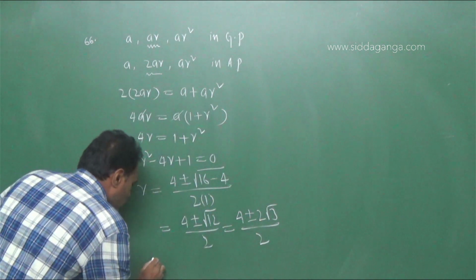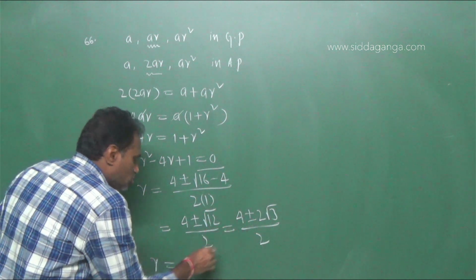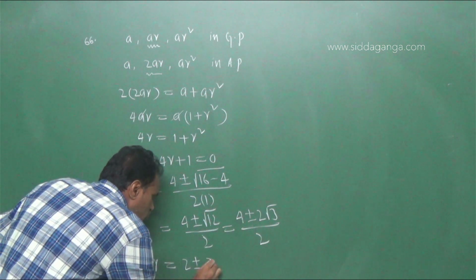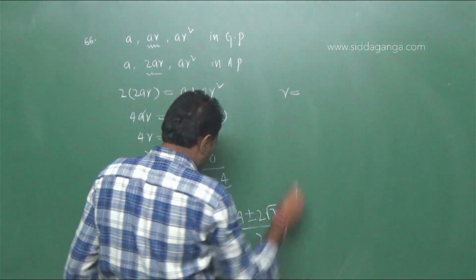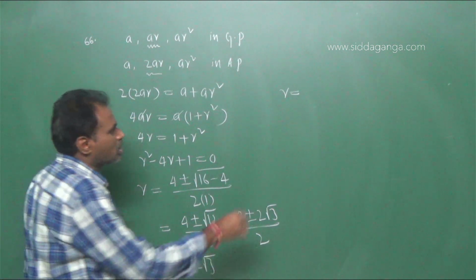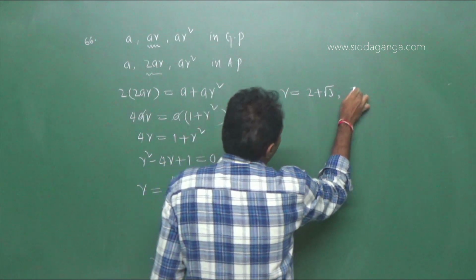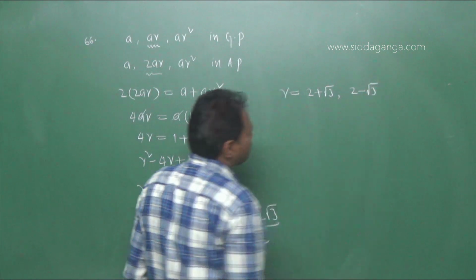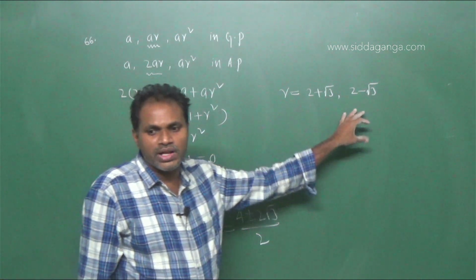Now r equals 2 plus or minus root 3. You will get two values for r: 2 plus root 3 and 2 minus root 3.